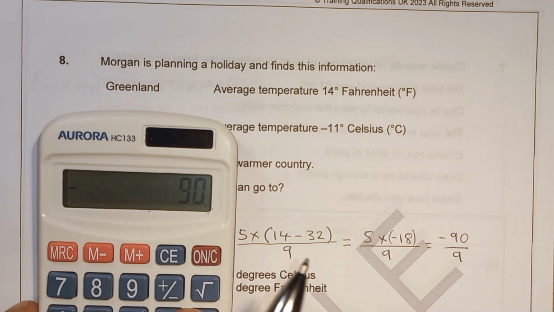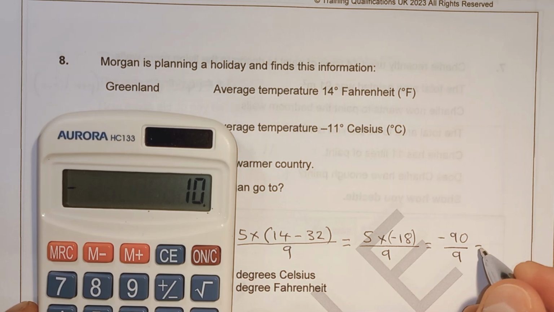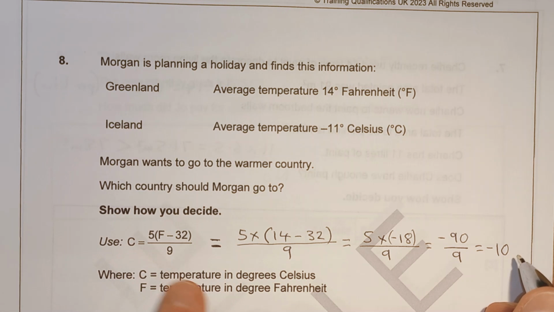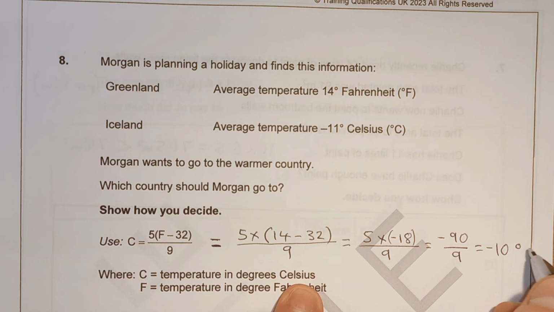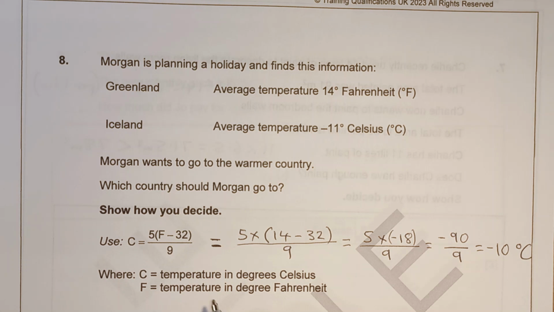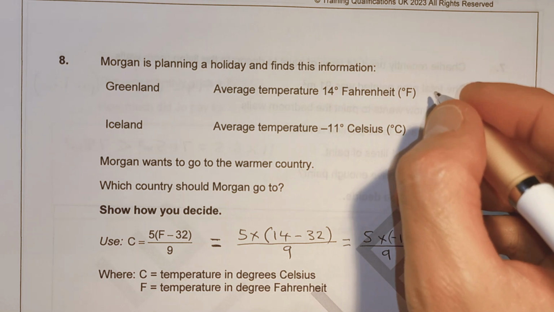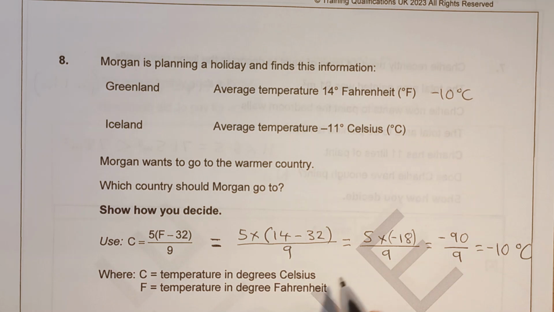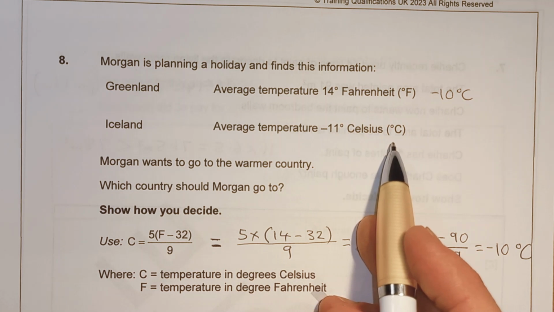So minus 90 divided by 9 gives us minus 10. And that is going to be in degrees Celsius. So I'll write it up here. Greenland is minus 10 degrees Celsius. Iceland is minus 11 degrees.